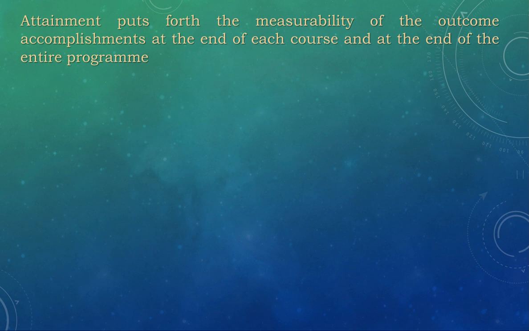Therefore, attainment, or the calculation of the same, is the process by which we can mathematically prove whether our students are progressing or not. It gives us the scope for continuous improvement. Whether continuous improvement is taking place in the program can be understood by comparing the figures of the current year and the previous years.